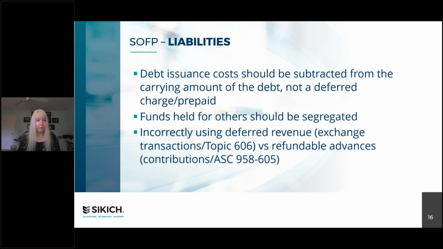Sometimes they're not significant and might be grouped with other liabilities, but best practice is that funds held for others be segregated. Another error is incorrectly using terminology: deferred revenue refers to exchange transactions under topic 606, while refundable advances refer to contributions under ASC 605.